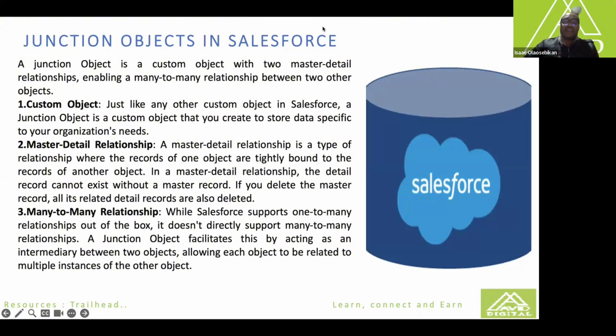If you delete JKC LLC, so far as it has a master detail relationship with the project, immediately you delete that account called JKC LLC, it's also going to delete your project. So you don't want a situation like that.